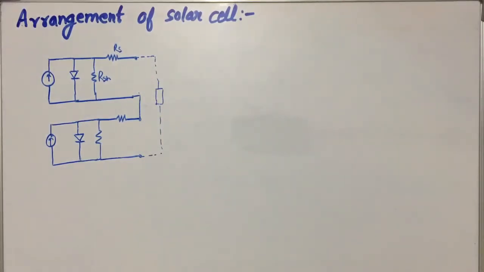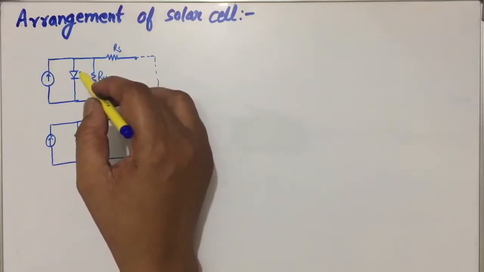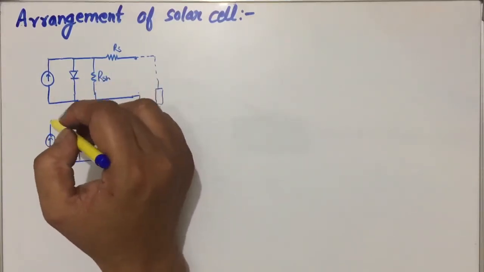So the voltage will be added up, but if they are connected like this, then maybe some problem as well. What problem will be there? Let us see here. If they are connected like this, and due to any reason partial shading occurs, it means any one cell between these two is not working.